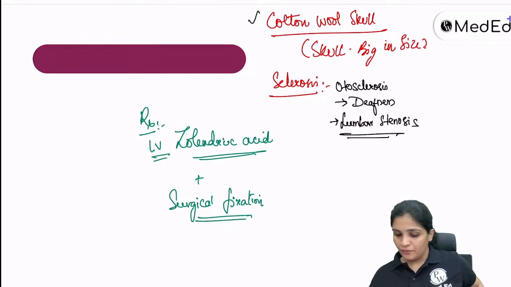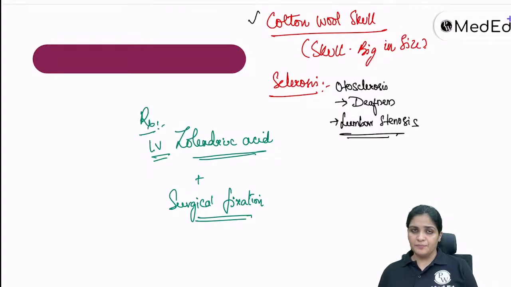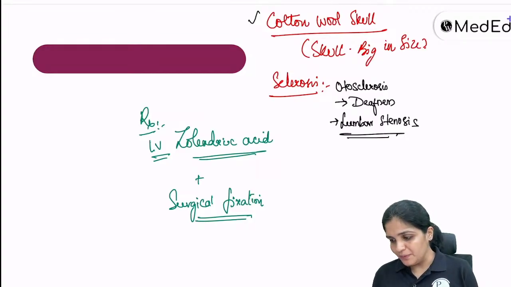You can give bisphosphonates also, but usually we give the zoledronic acid first for the treatment of Paget's, where the patient responds well, and then you can put on bisphosphonate.